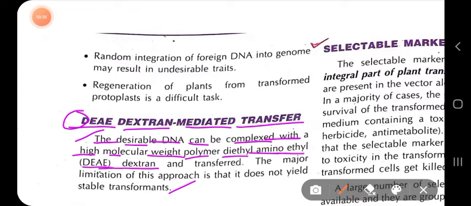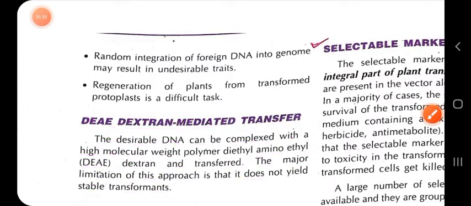So the desirable DNA can be mixed with DEAE dextran, a high molecular weight polymer, and then it is transferred to your target plant cell. The major limitation of this approach is still not clear. One limitation mentioned here is that it does not yield stable transformants. What does it mean? You can enter your DNA of interest into the target cell, but that DNA is not stable. The reason has not been clear.